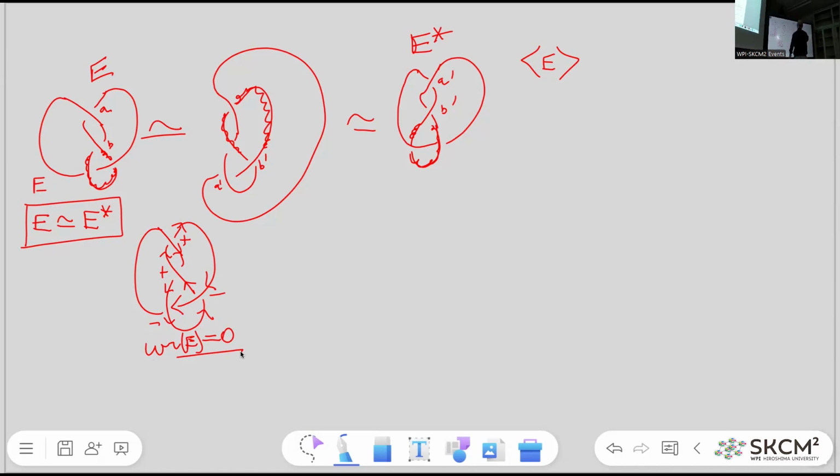So what about the bracket of the figure 8 knot? Well, I can expand on this. Oh, I want the figure 8 knot. It's over there. So I'm going to expand on this guy here.